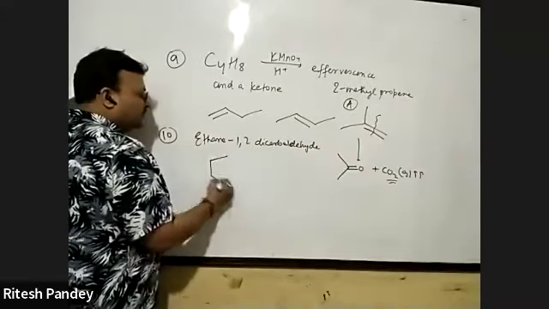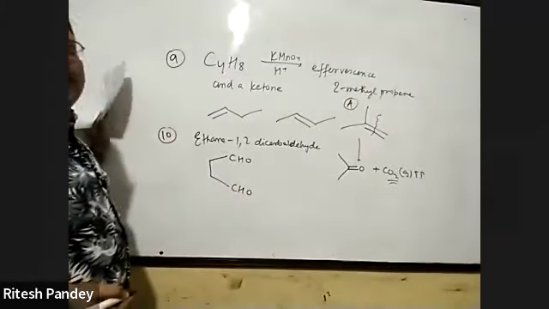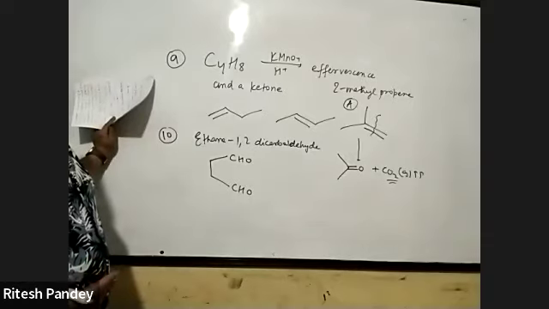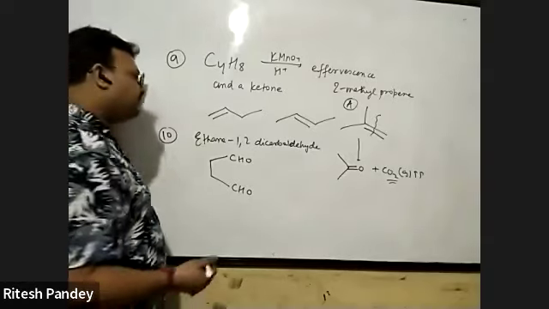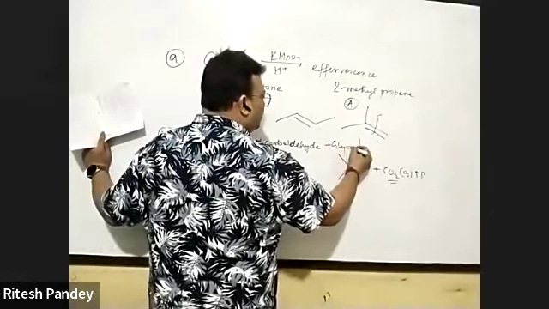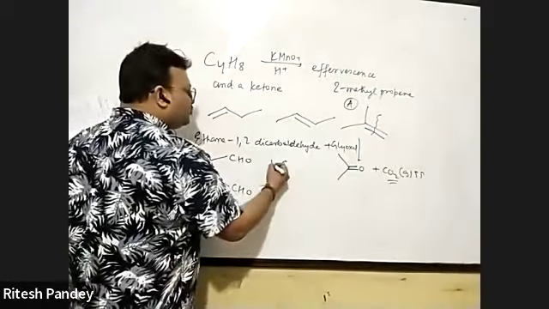Ideally, this would have been named butane 1,4 dial. But ethane 1,2 dicarbaldehyde, this is what I think of. Glyoxal is naturally easier to understand. Glyoxal means it's CHO.